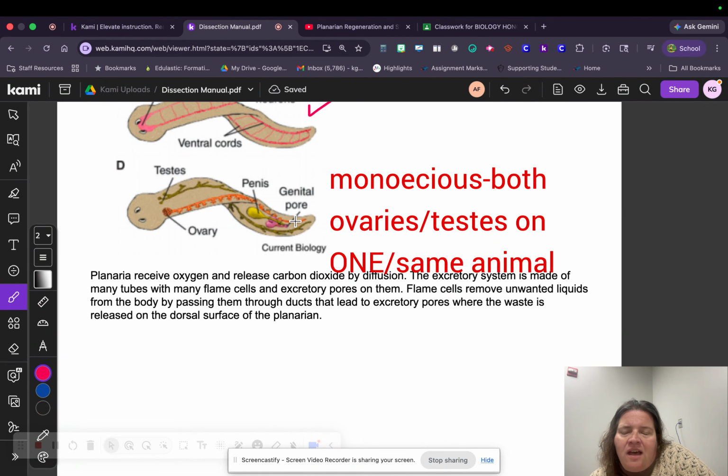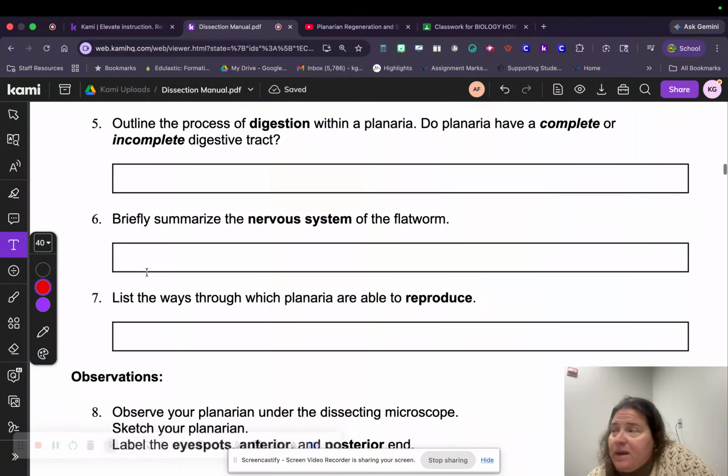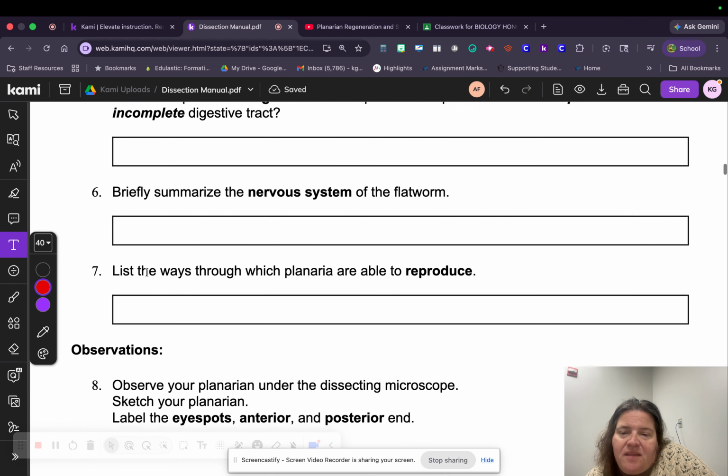I talked about the digestive system, how they are going to take in and digest food. So either go back or remember what I said or research. I did all these already, so I'm going to have you either go back or look it up.